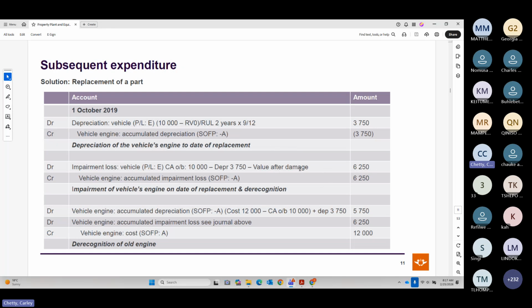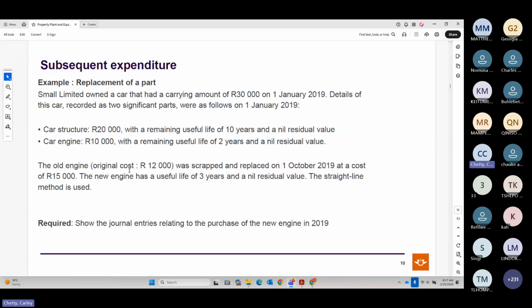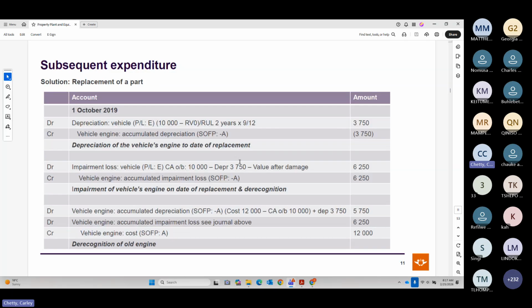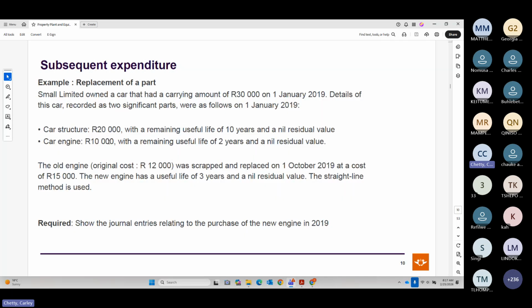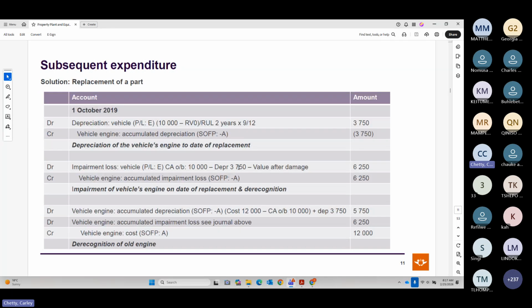So on the 1st October 2019, now we need to impair the vehicle's engine. So it told us that the old engine was scrapped and replaced. So we need to impair this engine before we can record the new engine. So we are going to take the carrying amount of the engine on the date of replacement. So the carrying amount on 1 Jan 2019 was 10,000 Rand, but we had further depreciation that we processed up to 1 October 2019.